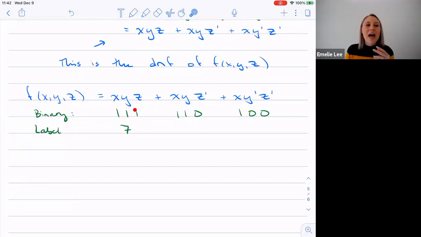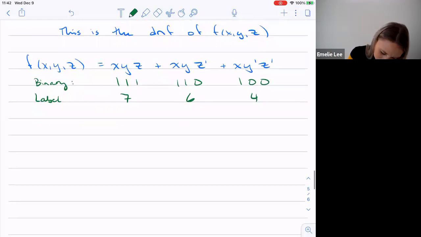Okay, good. And with 3 variables, I know I go up to 7, so it makes sense. 1, 1, 1. Just want to check my work. 1, 1, 0. Okay, so 4 plus 2 is 6. And then 4 plus 0 plus 0 is 4. Awesome.